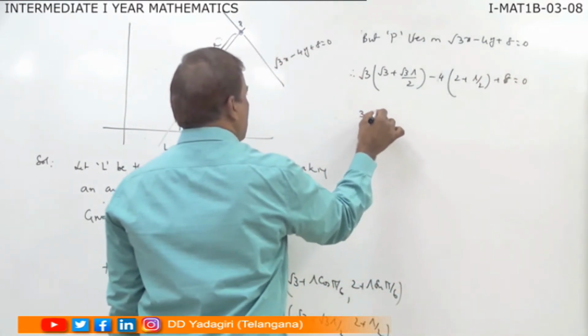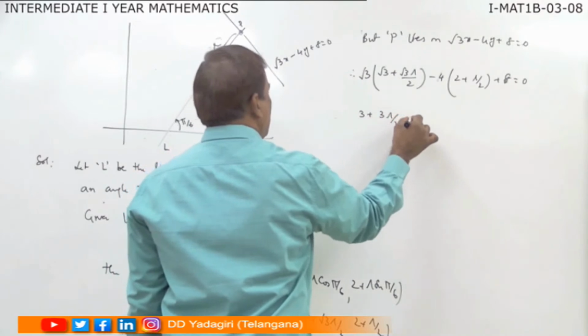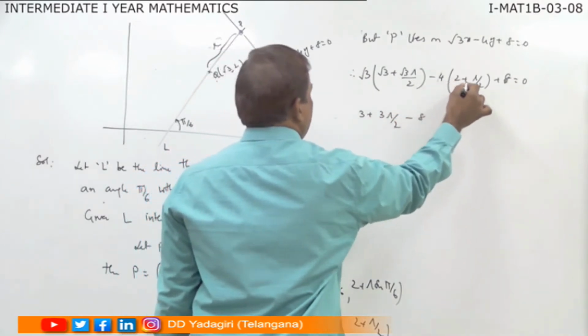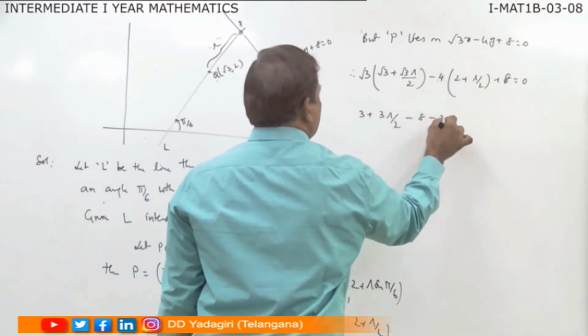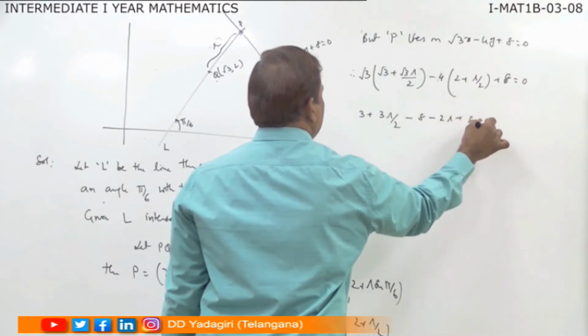This is 3 plus 3R by 2 minus 8 minus 2R plus 8 is equal to 0.